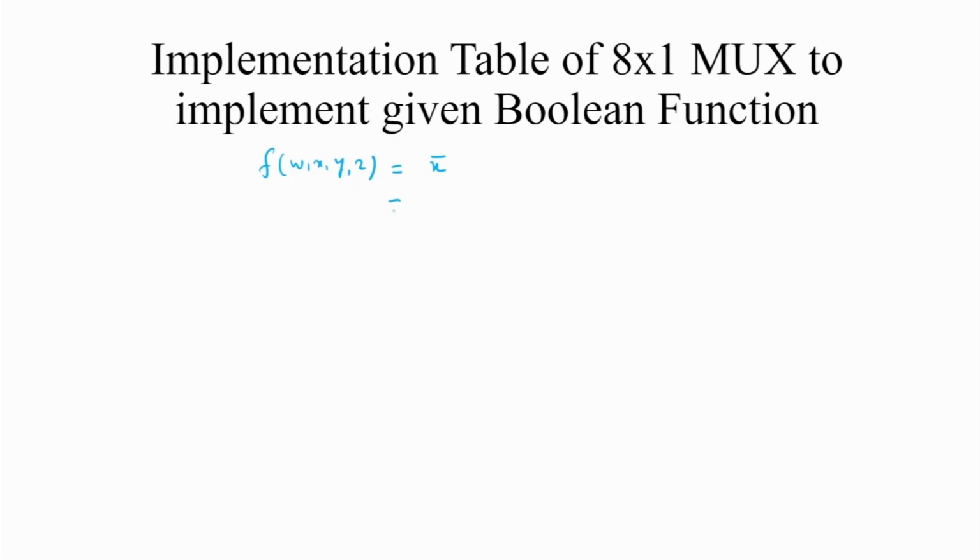So first we write the function in standard SOP form, as w x y z, where the value of x is fixed at 0 and the others are changeable: 0 0 0 0, 0 0 1, then 0 1 0, 0 1 1, 1 0 0, 1 0 1, 1 1 0 and 1 1 1. All 8 are here, and the value of x is fixed at 0.